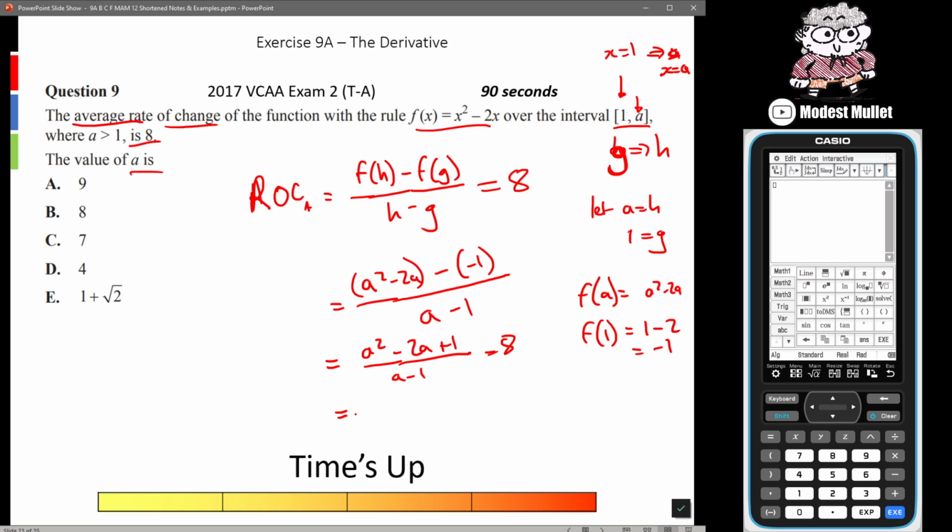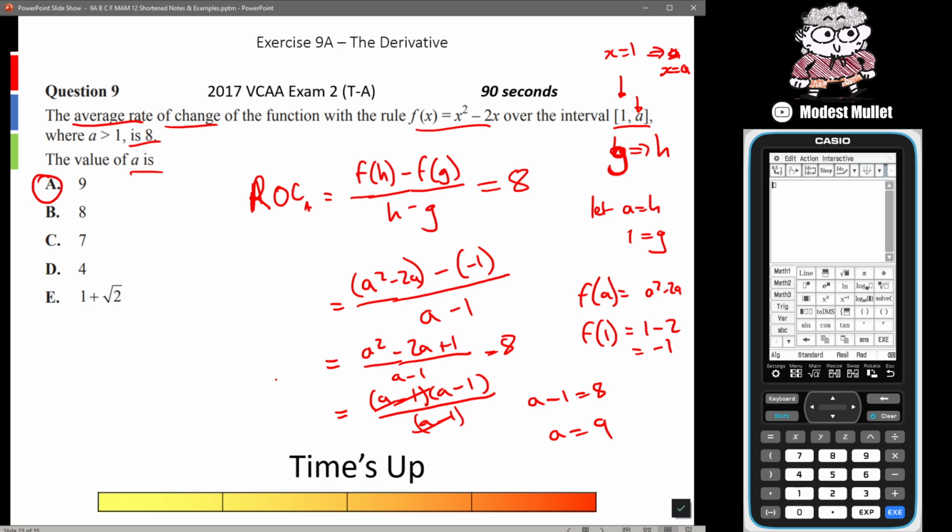I'm betting that we'll be able to factorize the top, so we get a take 1 squared over a take 1, one of those cancels, so we get a take 1 is equal to 8, so we get a is equal to 9.